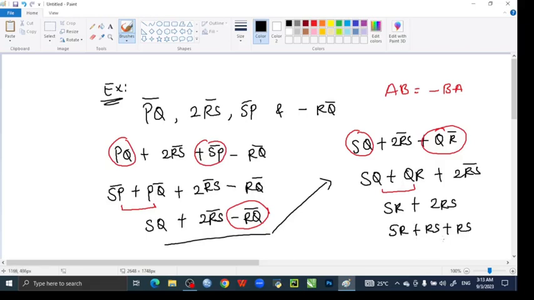I can say that SR, this can become minus SR because I'm changing the position, then plus RS.